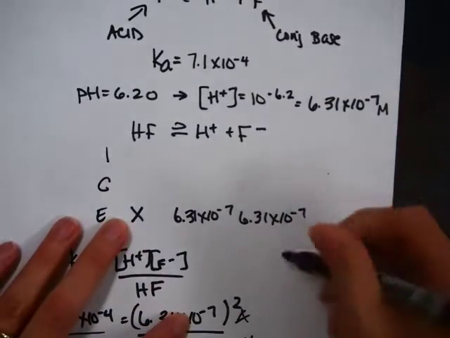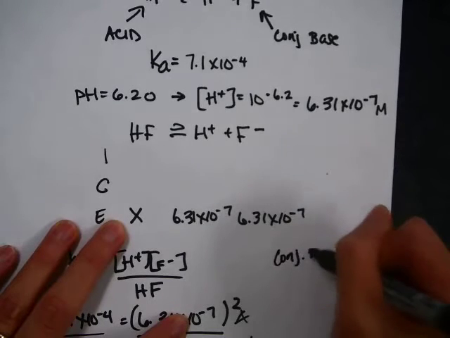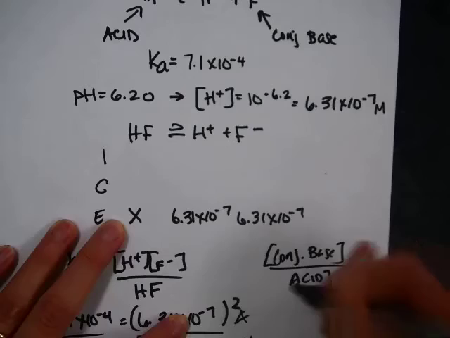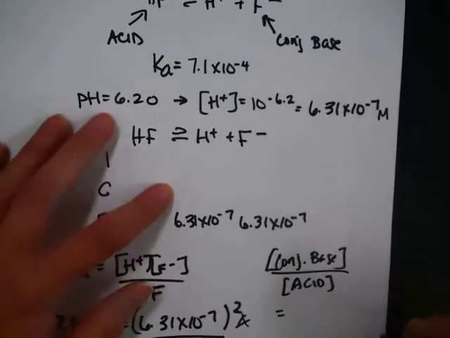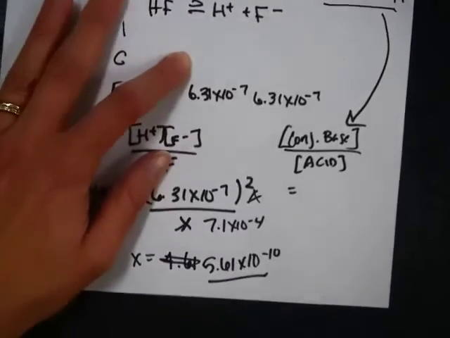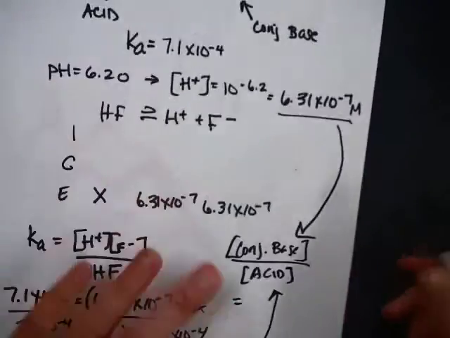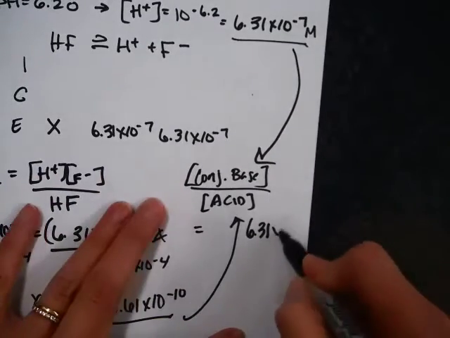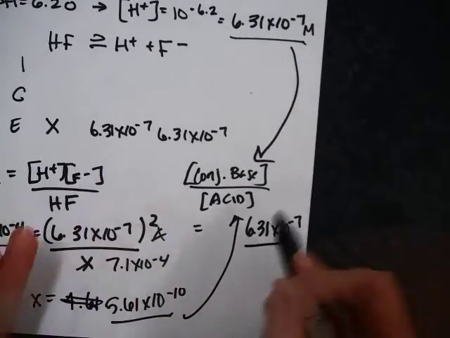All right, so now I'm looking for the base on top, acid on the bottom. And the base is the F minus. I knew that from before, 6.31 times 10 to the minus 7th. And then the acid is what I figured out. Sorry, I still can't really see. There we go.